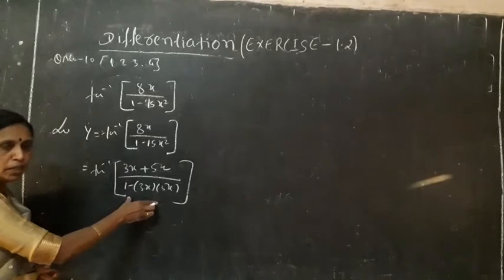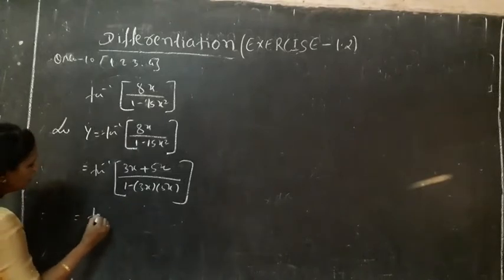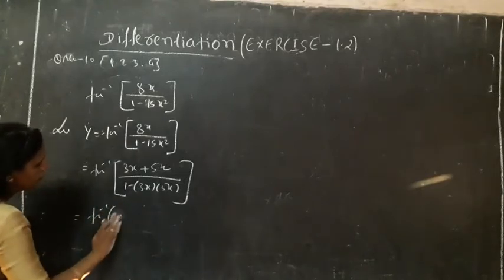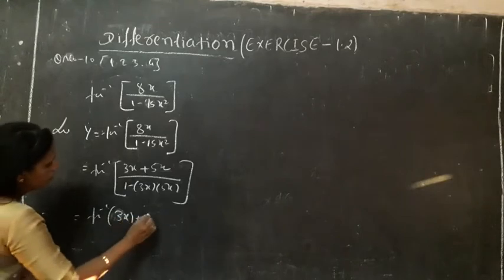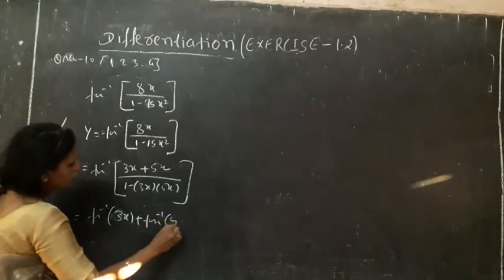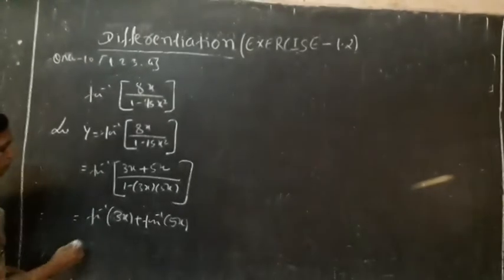Now it attains the form tan inverse of (a plus b) divided by (1 minus ab). So we can write tan inverse of 3x plus tan inverse of 5x. Now this step is ready for differentiation.